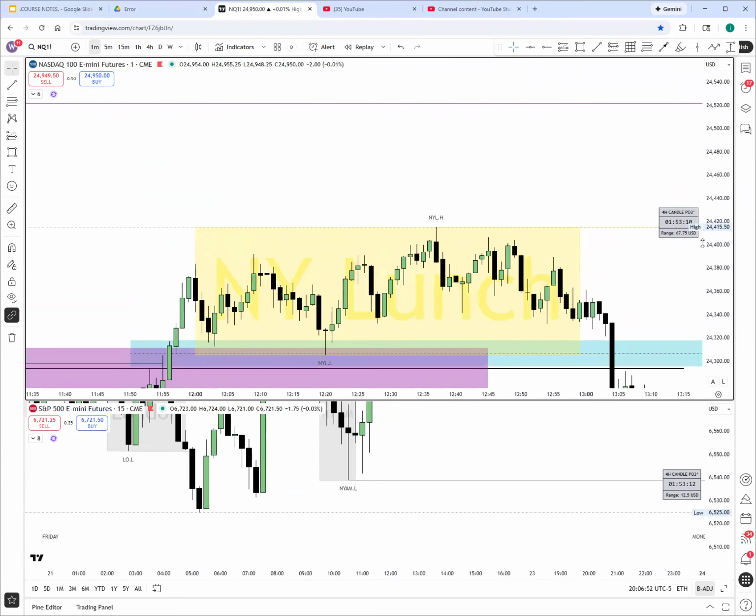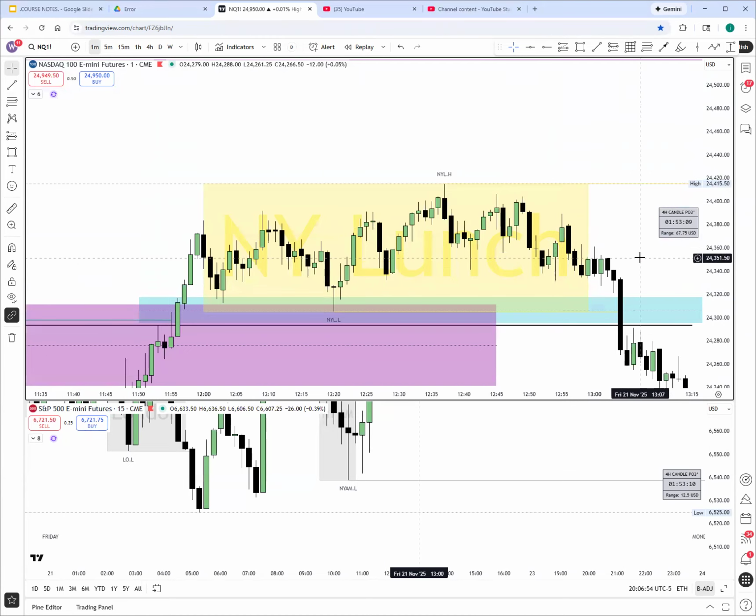But now I'm looking for my entry setup, which is an inversion setup. What an inversion is: typically, price was going down from here and all up in here. Typically, when price taps into a fair value gap like this, price just continues to go lower. But if we have an inversion, price instead closes above the fair value gap and goes higher.